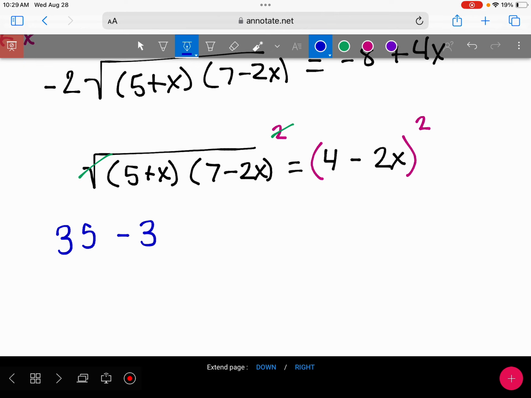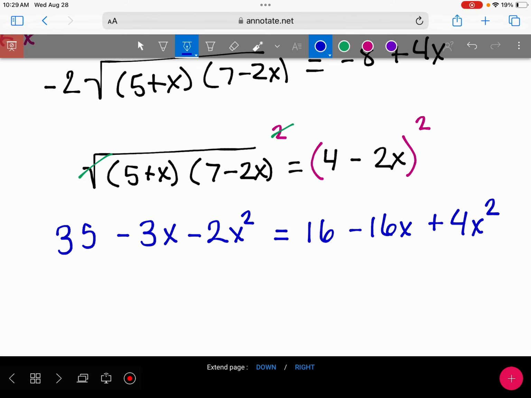So minus 3x minus 2x squared. And my right-hand side, we're going to multiply that out as well. My 4 times 4 gives me my 16. Minus 8x is minus 16x, plus 4x squared.